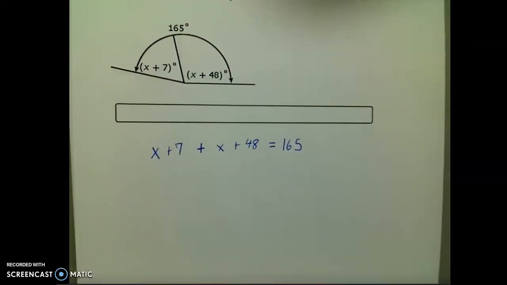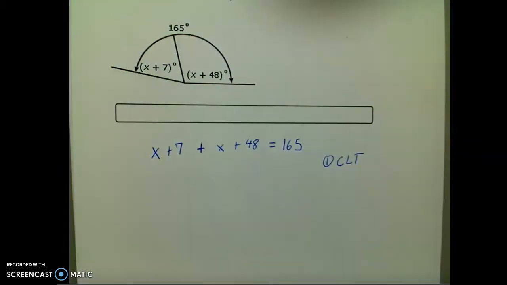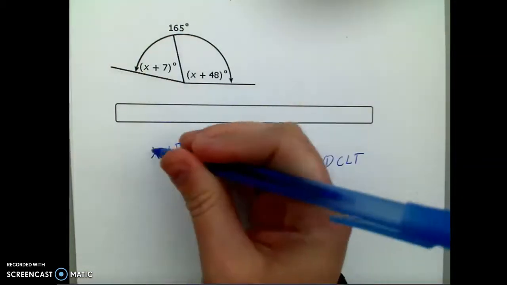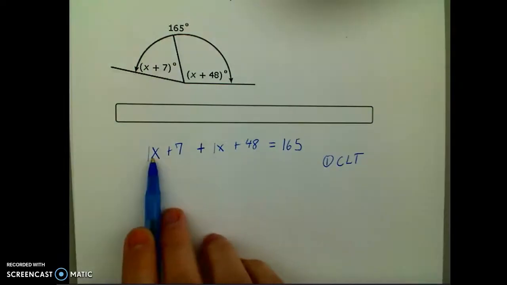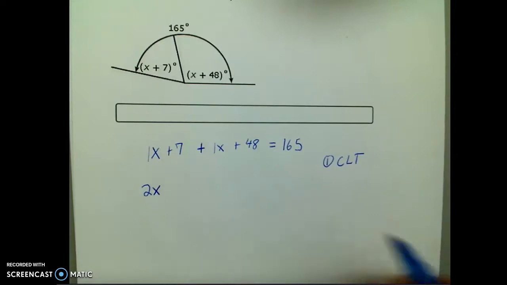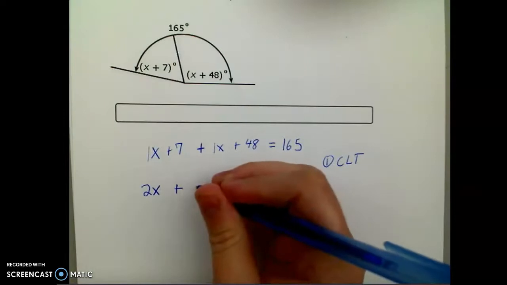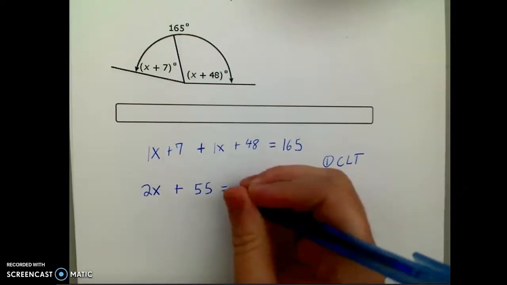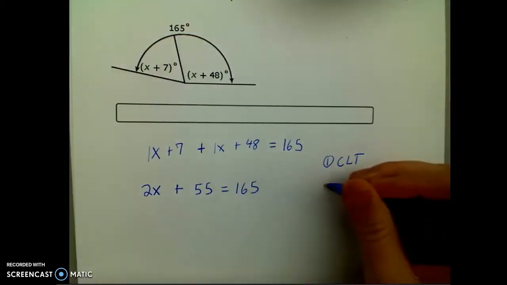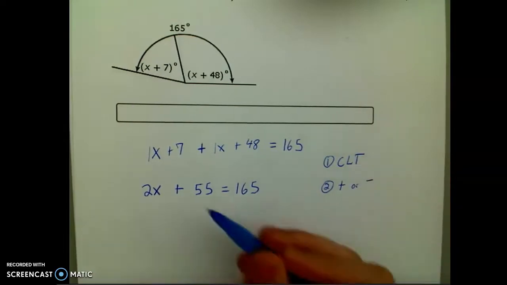Now to solve this, we're going to need to first combine like terms. I have x plus x. Remember that there's a hidden 1 in front of those, so I have 1 plus 1 is 2, so I have 2 x's. And 7 plus 48 is 55. So there, my like terms are together. Now I can take care of my second step, which is any addition or subtraction. Aha!